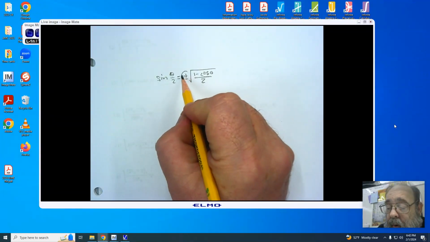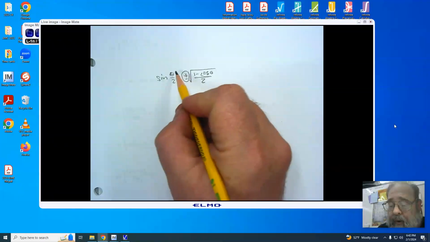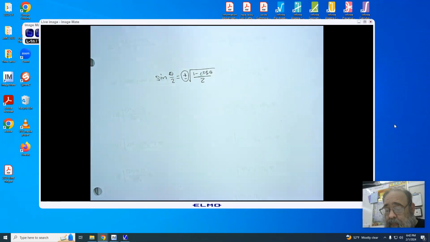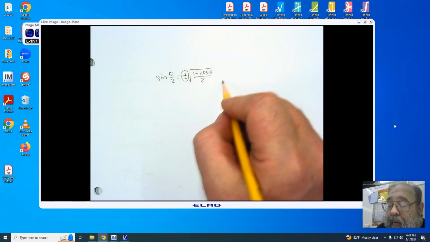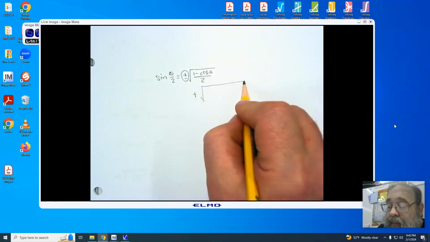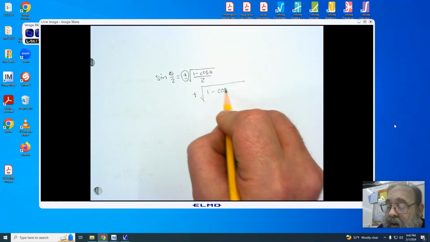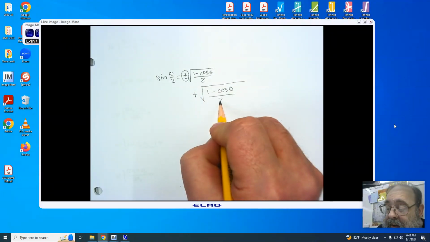Now the plus or minus is referring to the overall angle. If we are in the first quadrant and we divide the first quadrant in half, we're going to be in the first part of the first quadrant. That's still going to give sine a positive value. As a result, we are working with the positive of this square root, 1 minus cosine of theta divided by 2.